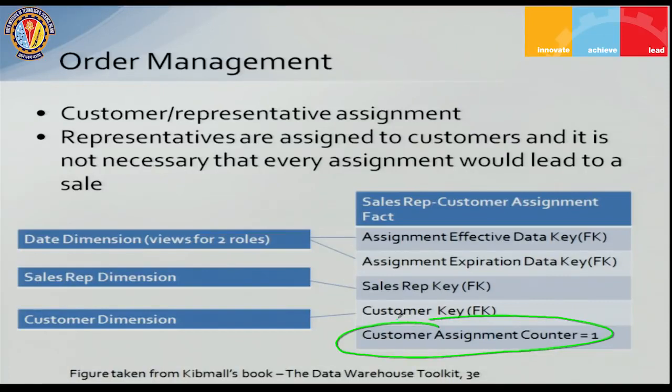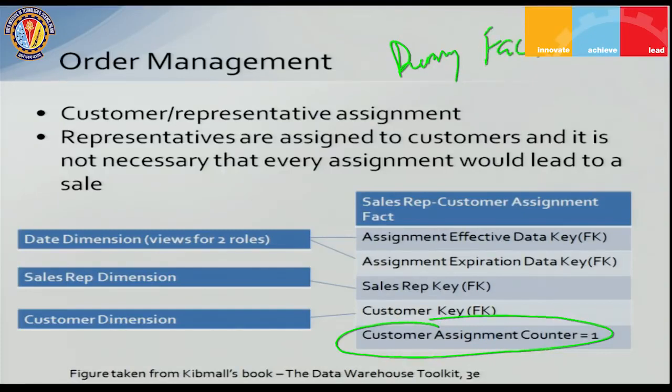With every row it is set to 1. So basically it is not a fact, because it has the same value for every record that comes in. If you know relational databases, if a column has the same value for all the records, then probably you don't need that column. But we keep it here and we call it the dummy fact.